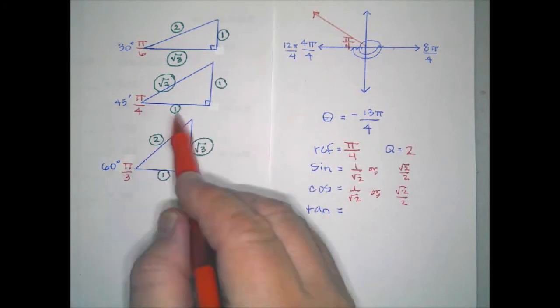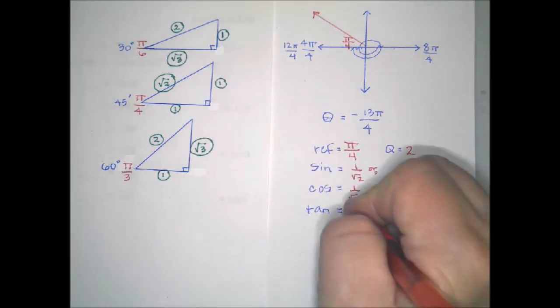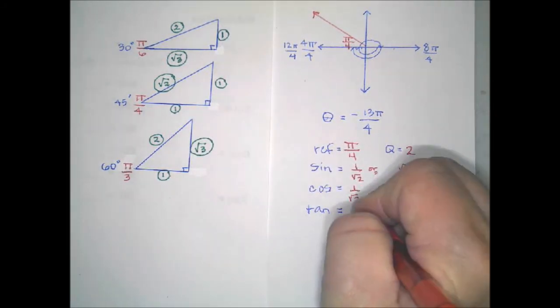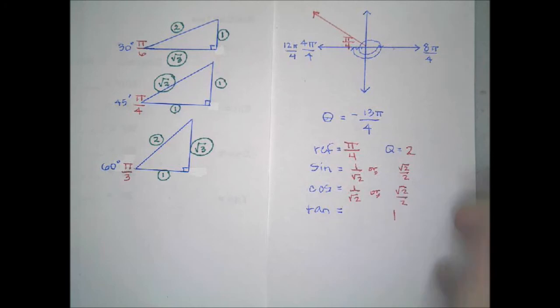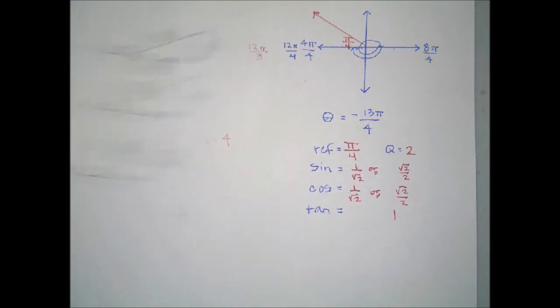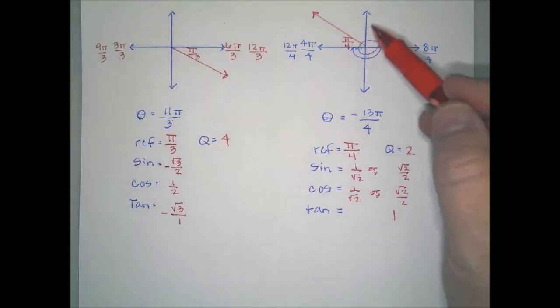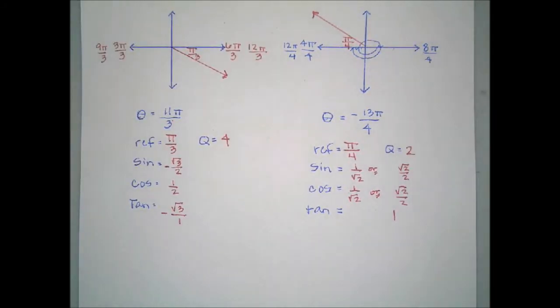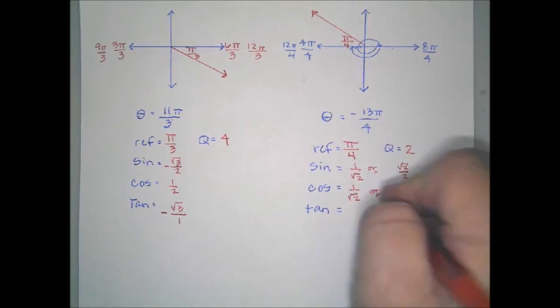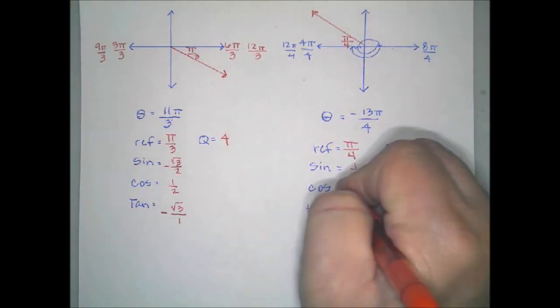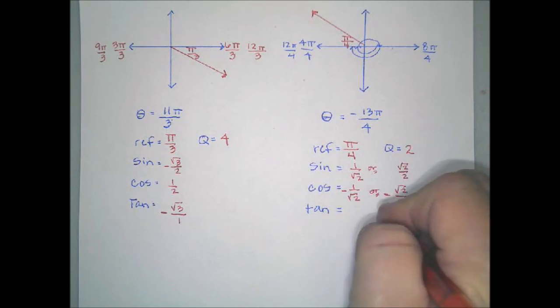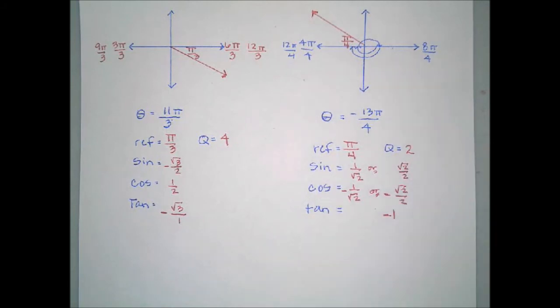Any way you look at it, 1 over 1 equals 1. Now, the only thing I have to worry about is which ones are positive and which ones are negative. I'm in quadrant 2. Sine is positive in quadrant 2, so that means my cosine is a negative value, and my tangent is a negative value.